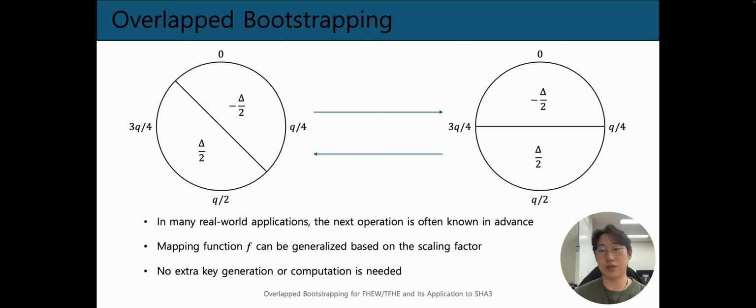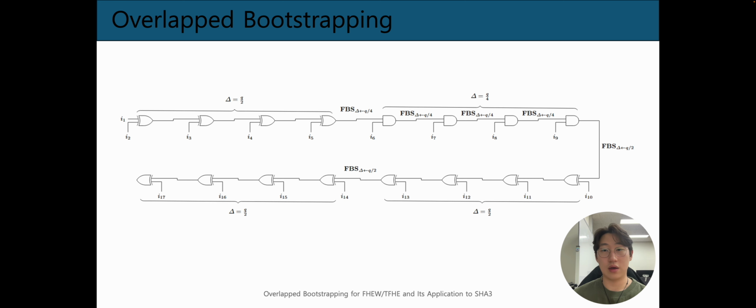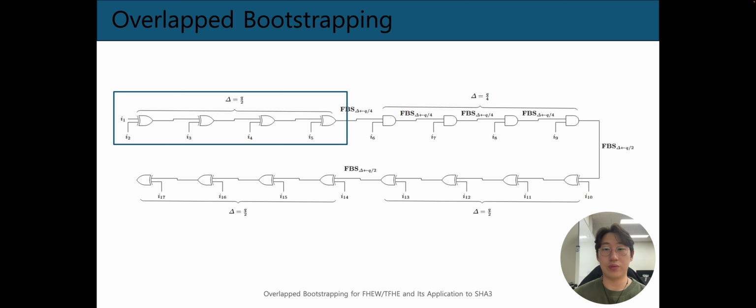Notably, this approach does not require additional key generation or extra evaluations, making it both efficient and practical for real-world deployment. And let's look at how overlap bootstrapping works with this figure. We can just adjust the scaling factor to Q/2 when operating consecutive XOR gates.